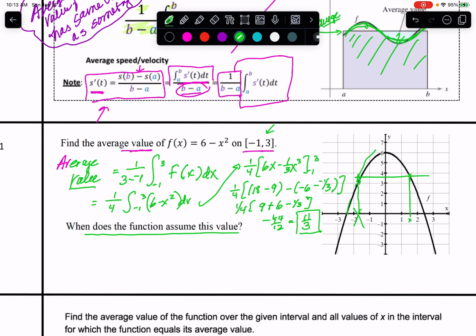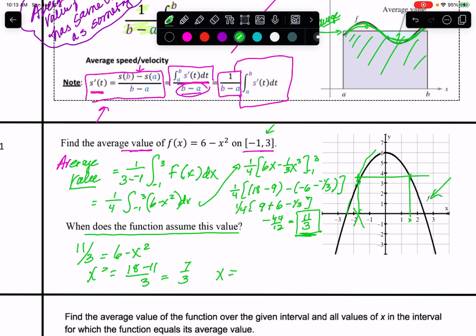But let's figure it out. And it's very easy to figure it out. You just take 11/3 and put it back into the original equation, because this is the function, right? So if I have the y value, I can find the x value. So 11/3 is equal to 6 minus x squared. So x squared is 18 over 3 minus 11 over 3, which is 7/3.